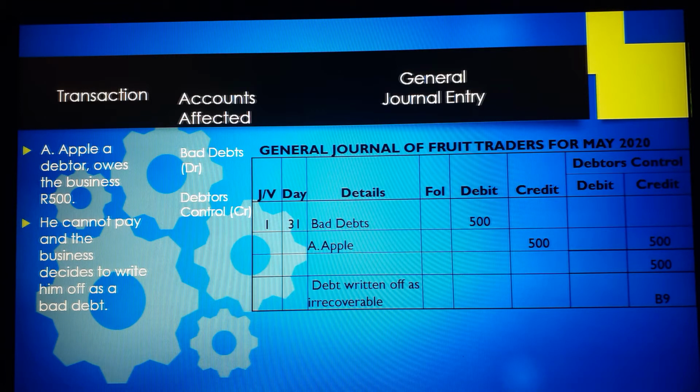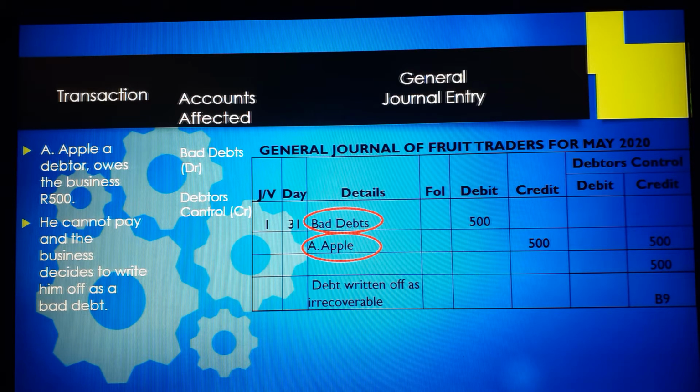we credit. When we enter into a general journal, any transaction that we enter, we always start with the account that is debited first. Therefore, as you can see, it's bad debts. In our general debit column, we write 500 Rand, and we credit debtors control, or the name of the debtor, which is A Apple.